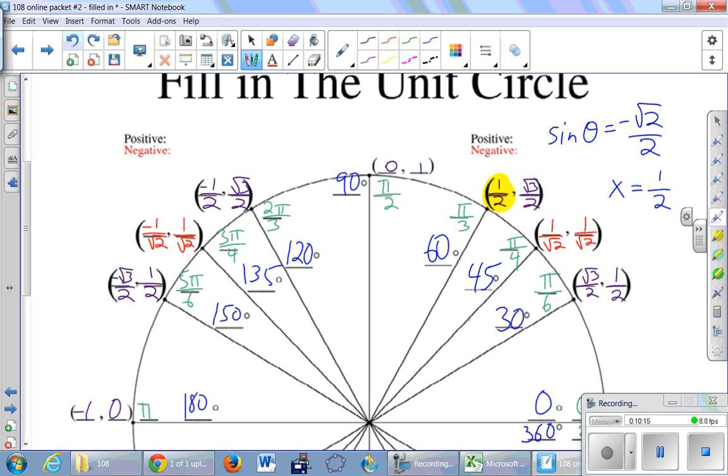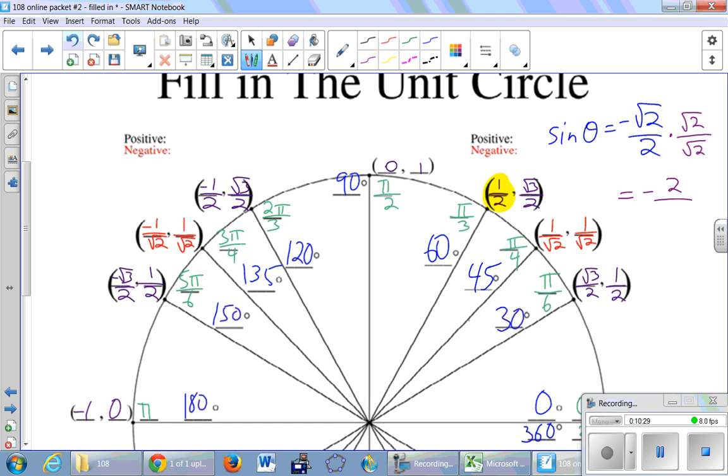But if we were to take this and multiply by root 2 over root 2, then we see that we get negative, and on the top is just a 2, and on the bottom is 2 times root 2, and the whole thing turns into negative 1 over root 2 when you cancel the 2's. So this is really saying, when is sine theta equal to negative 1 over root 2? And negative 1 over root 2 is a number that you'll find on this page many times. So that one will translate just because we've written things on this page in a certain way.